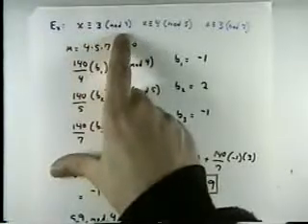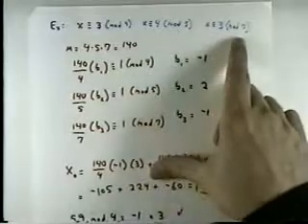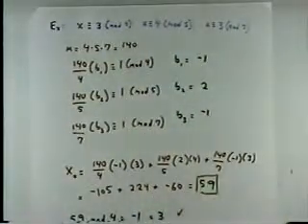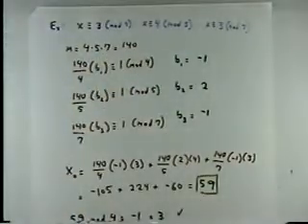Suppose we consider the example of x congruent to 3 mod 4, x congruent to 4 mod 5, x congruent to 3 mod 7. All these moduli are relatively prime, so everything's cool. Okay, m is the product of those things, or 140.